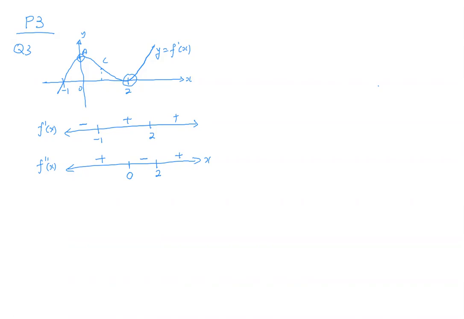Part B. Now if you want to sketch the graph of y equal to f x, based on this, we want to talk about the graph of y equal to f x. So straight away from this, what conclusion can I make? I know that f prime 2 equal to 0 and f double prime 2 also equal to 0. So what conclusion can you make about f x?